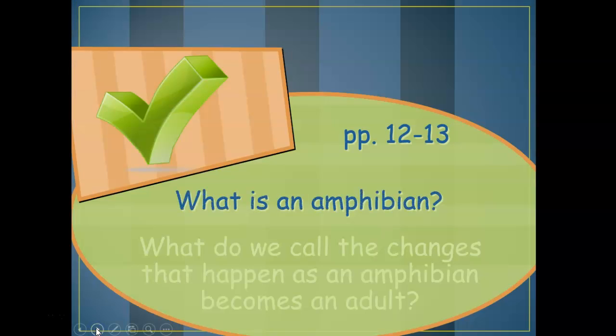So let's go back. What is an amphibian? An amphibian is a cold-blooded animal. It lives part of its life in water, part on land. It's cold-blooded. It has smooth, thin, moist skin.